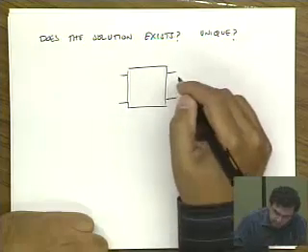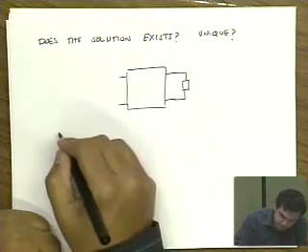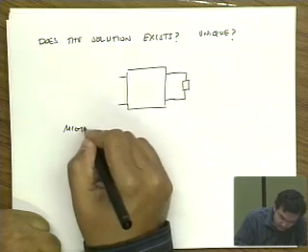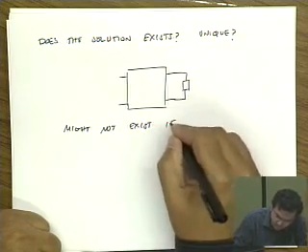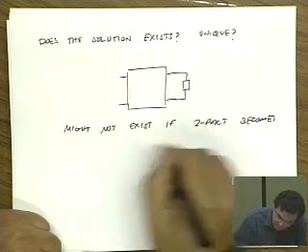It turns out that the solution might not exist if the two-port becomes unstable.